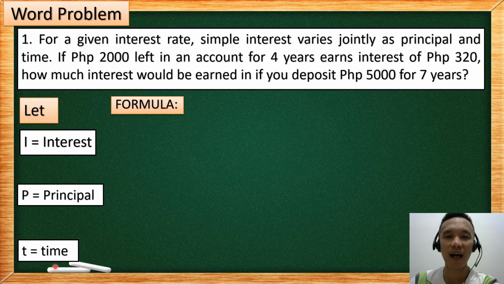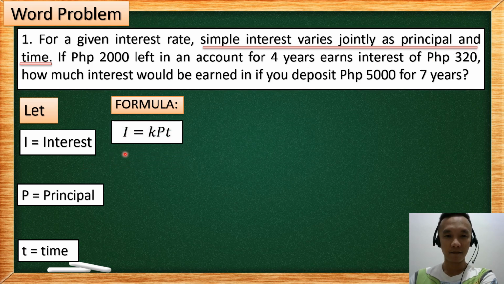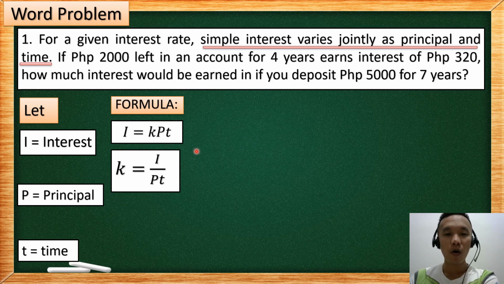And our formula, from the statement simple interest varies jointly as principal and time, will be: interest equals K times P times T. So we are going first to solve our K, and our K formula is K equals I over P times T, just like what we did earlier with our previous example.